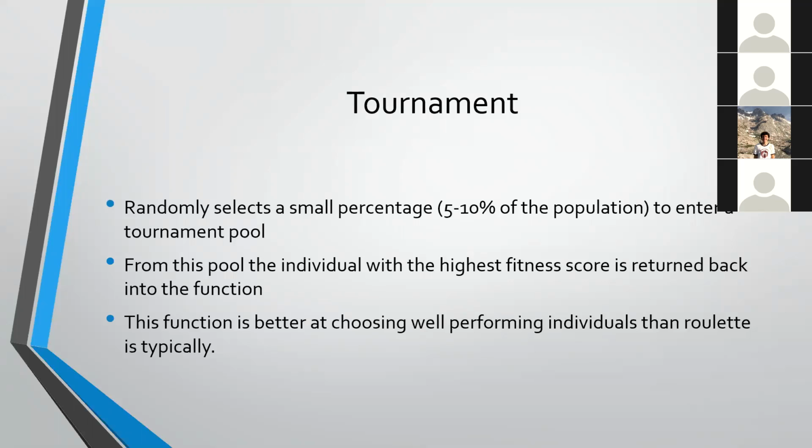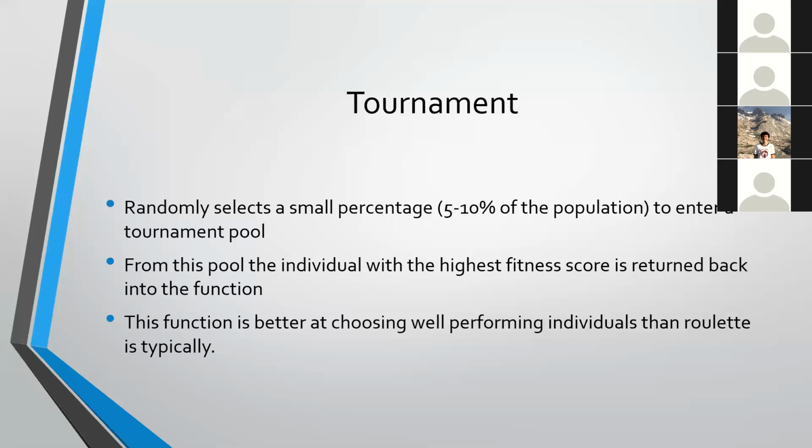From what I've seen, the ideal almost looks like about 7%. Don't ask why, I don't know. It just does. They enter what's called the tournament pool, and from there it will just find the highest scoring individual and return it to whatever function called the selection method.